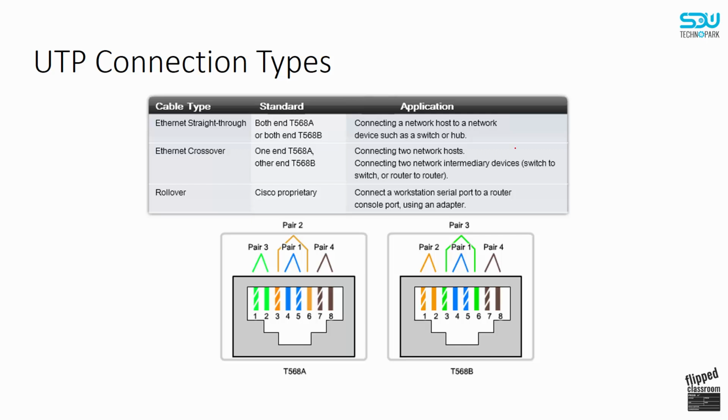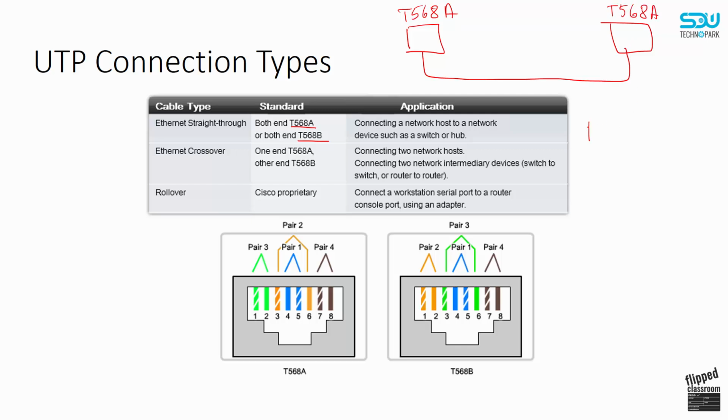Let's take a look at the different types of cables. They are straight-through cable, with connectivity A to A or B to B. What does it mean? It means that you have a cable with two connectors, and from one side there will be T568A, and from another side it will be T568A.